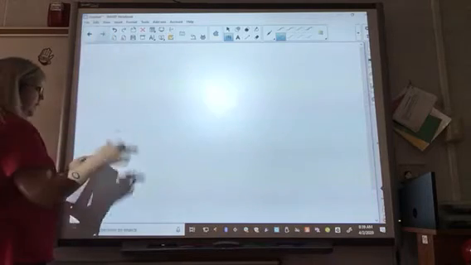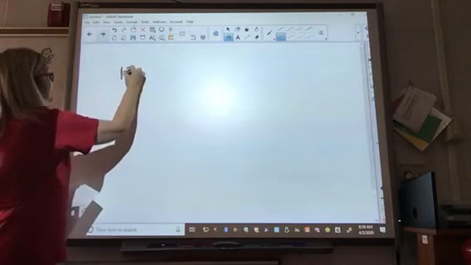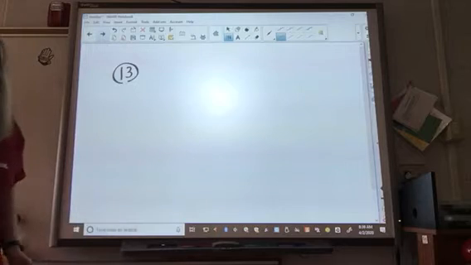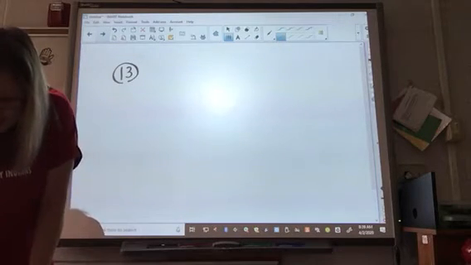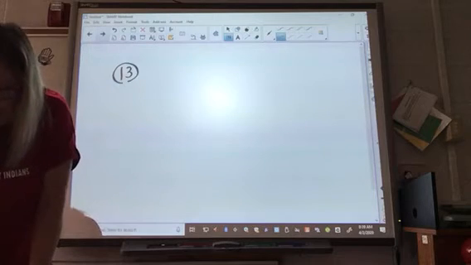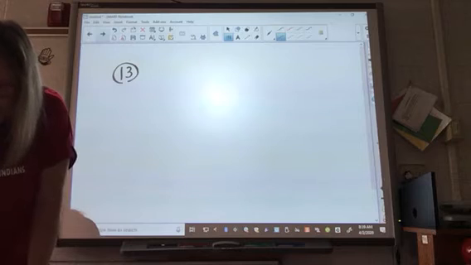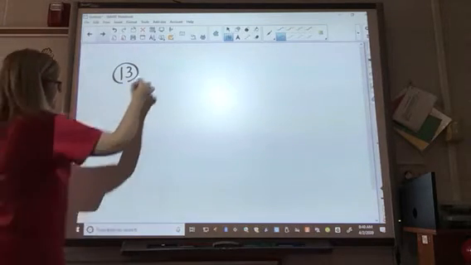Okay, moving on. Let's look at 13. All right, this is stuff we've already talked about. Number 13 says, decide whether it's discrete or continuous. 13 says the number of cheeseburgers a fast food restaurant serves. You can count that, so it's discrete.